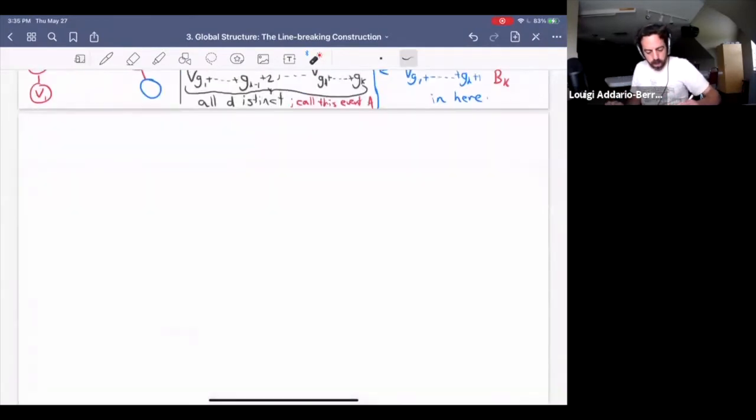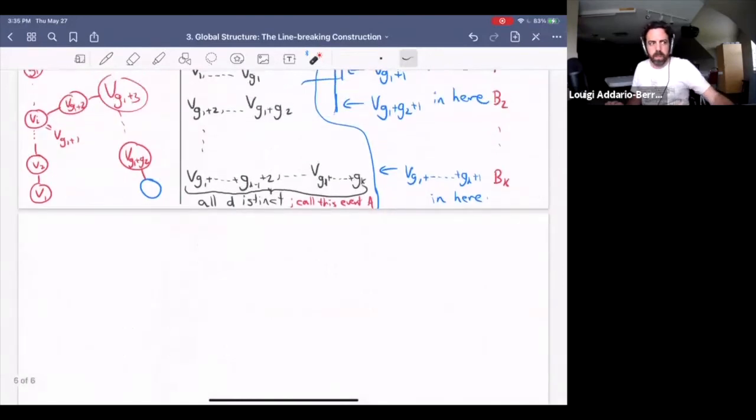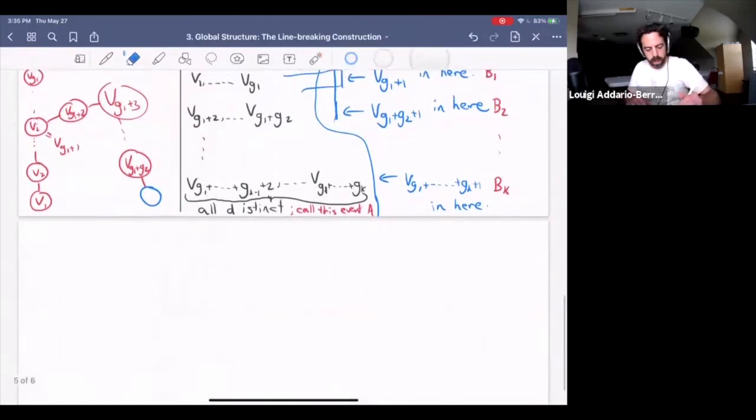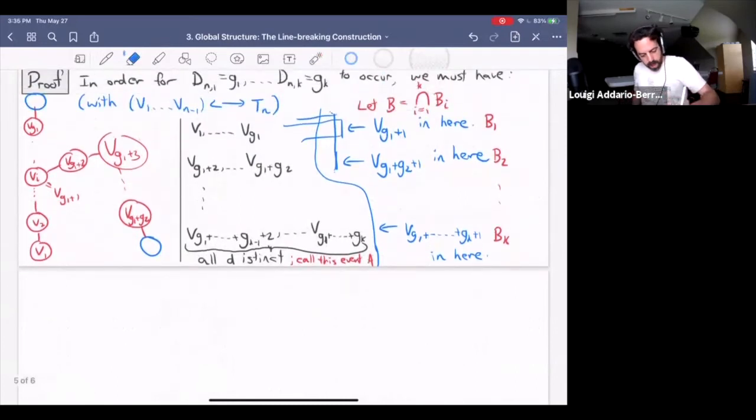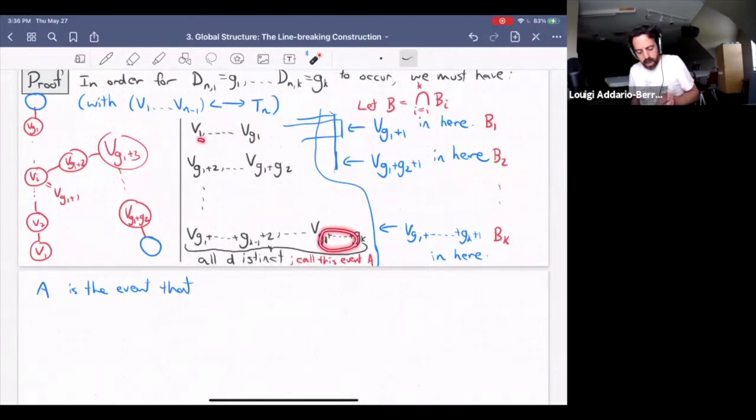Okay, so let's think about that. A is not too bad, and neither is B. So A is the event that, notice that we've got a list of all of the random variables from 1 up to g1 plus g2 up to gk, except that we've removed k minus 1 of them, the ones over here that are supposed to be repetitions.